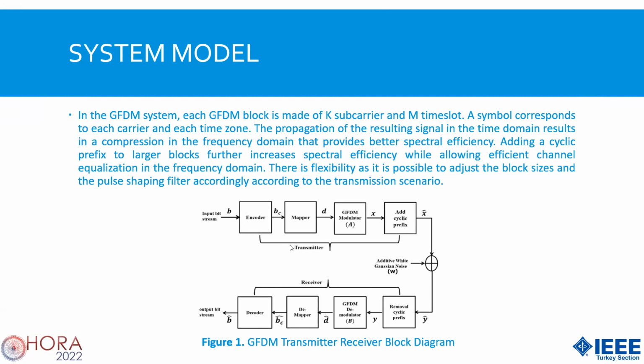As you see in the picture, bit streams first come to the encoder, then the mapper, and then the modulator. After adding the cyclic prefix, the signal is transmitted to the receiver. In our research, we performed the GFDM signals for two different channels: additive white Gaussian noise and Rayleigh fading channels.